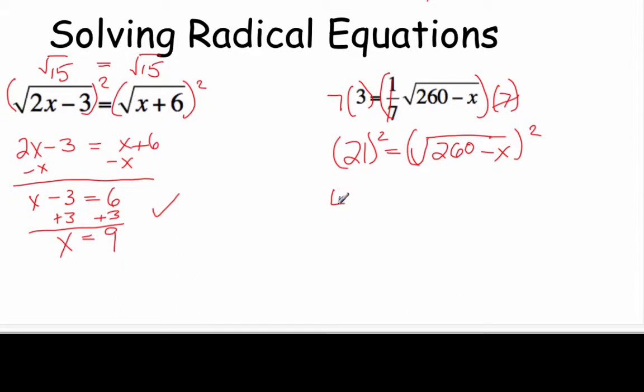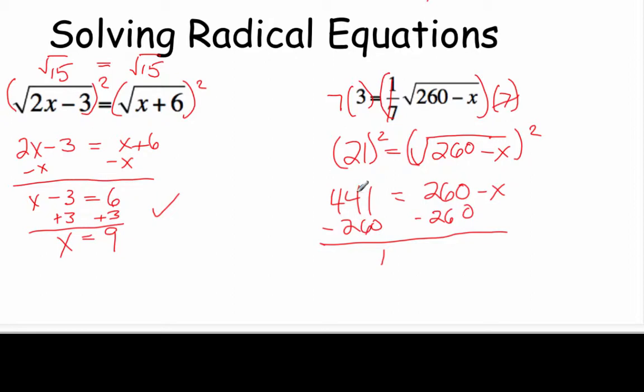So now I get 441 is equal to 260 minus x. Now I've got to subtract 260 from both sides. Let's do some old school subtraction. So 1 minus 0 is 1.